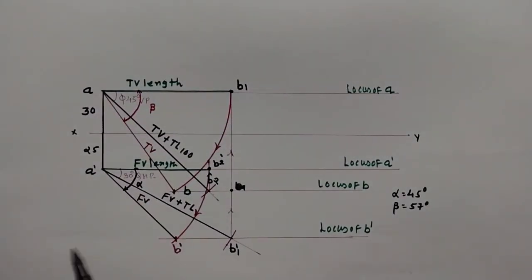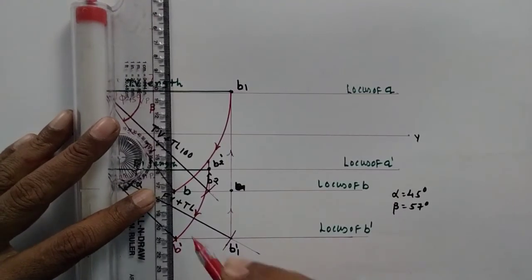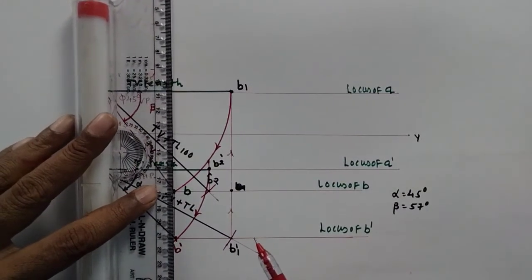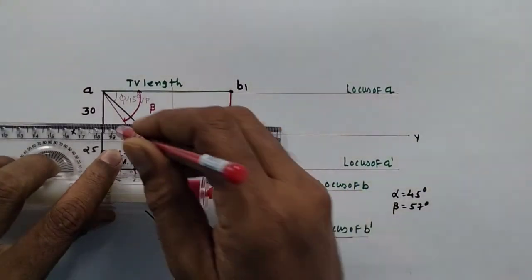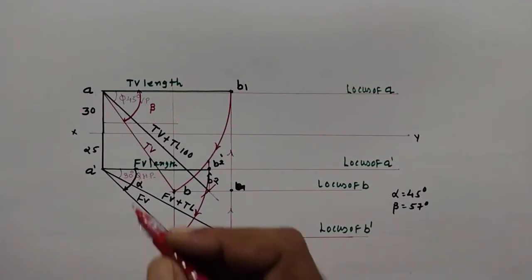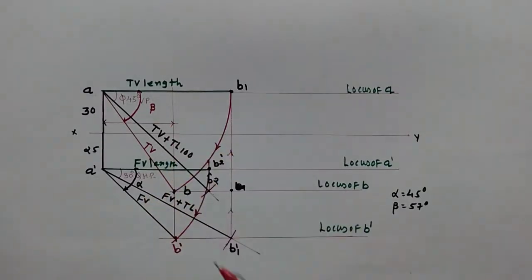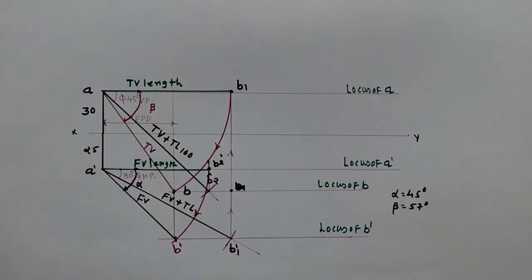Similarly, you can measure the top view length and front view length, but finally we have to check the position of the end points. So I draw the vertical line from B and B dash, and I measure the horizontal distance between the A dash and B dash vertical lines, that is called the end projector distance, EPD.